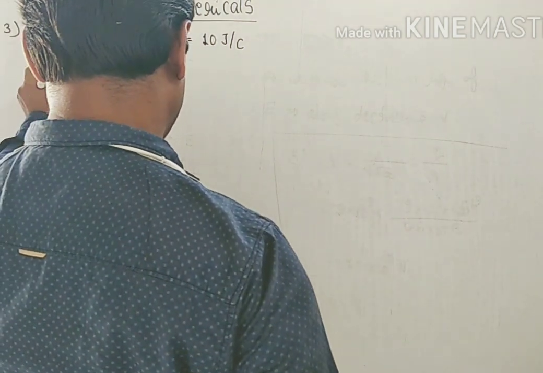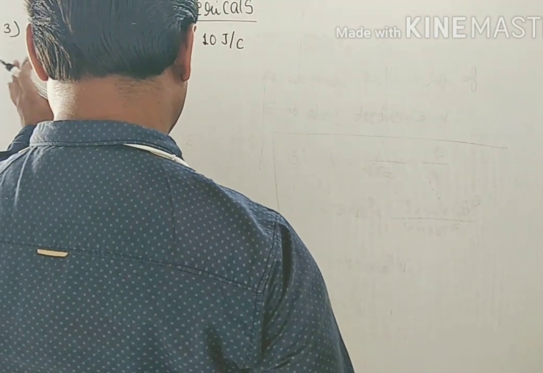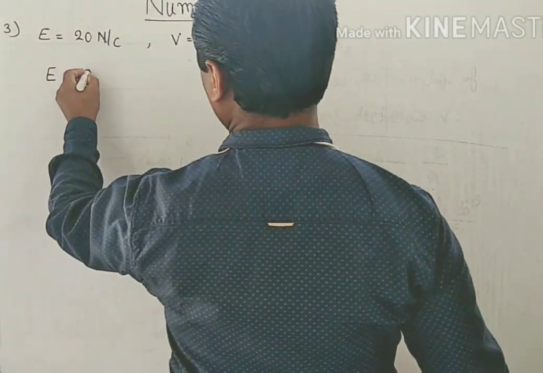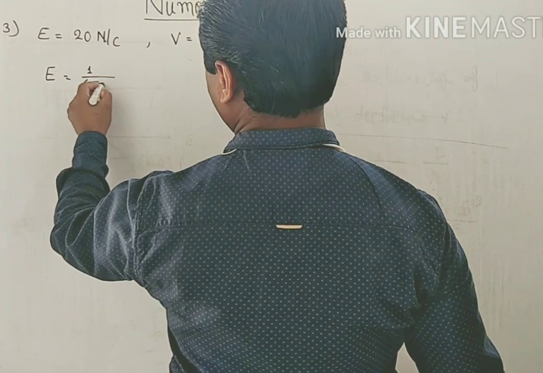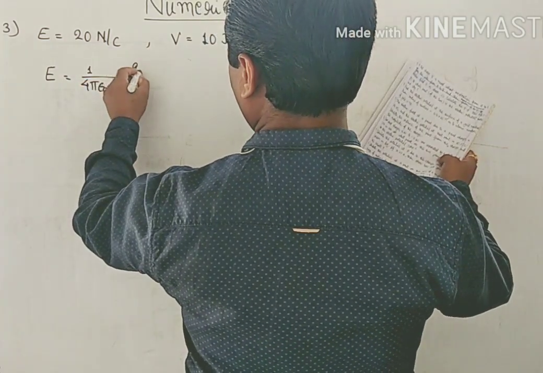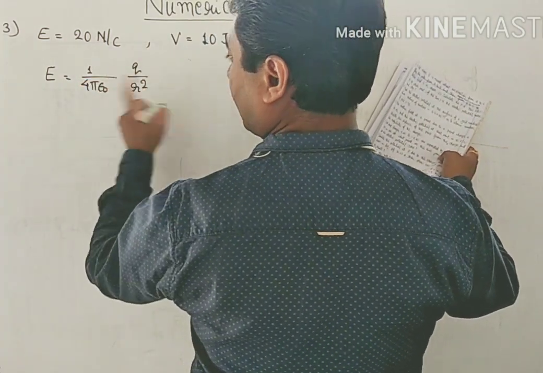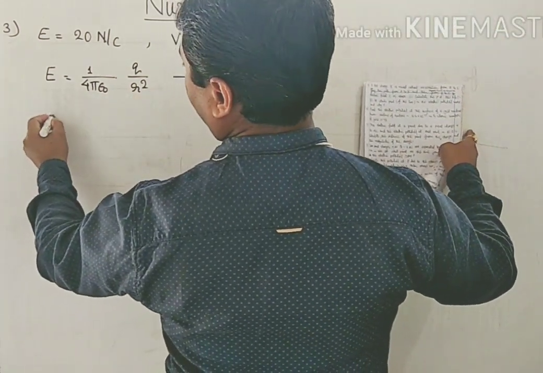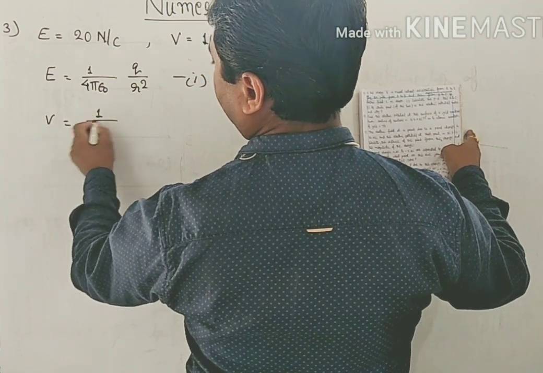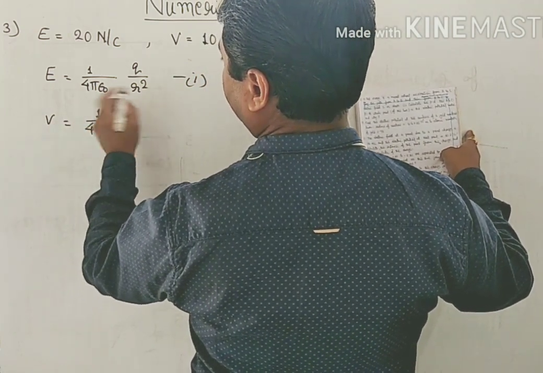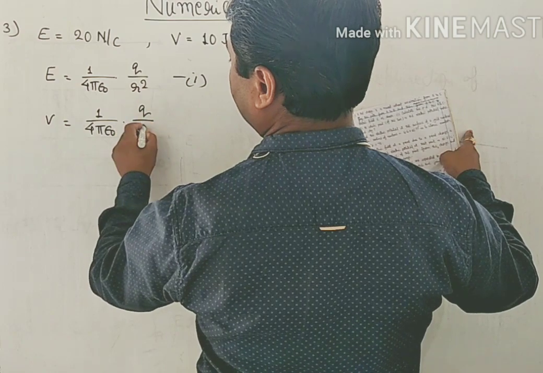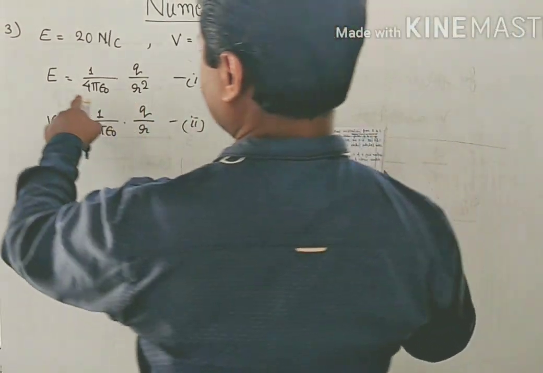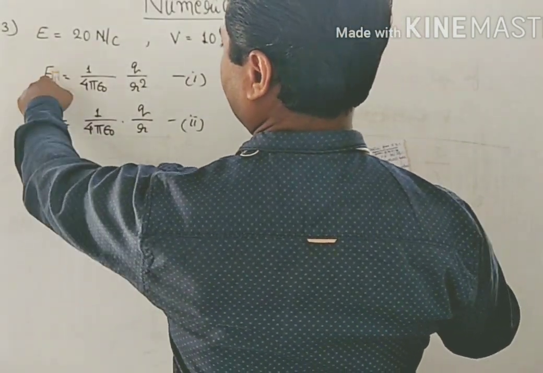So we directly write down the expression for the electric field intensity at a point and thereby potential. It's 1 upon 4 pi epsilon naught, charge upon distance square. So this is equation number 1, let me call it, and the electric potential is 1 upon 4 pi epsilon naught, charge upon distance, equation number 2. So just do one thing, you just divide this equation by this.